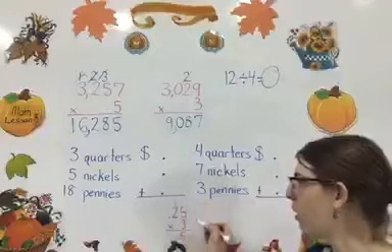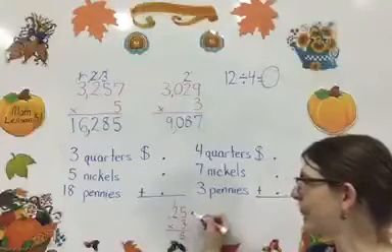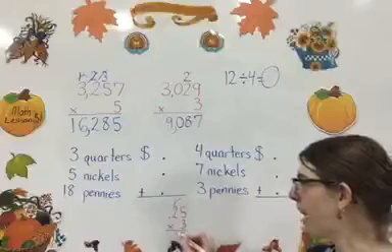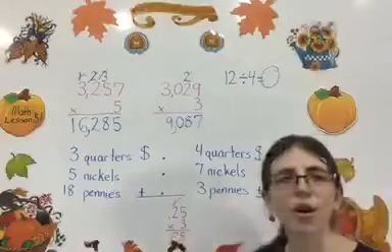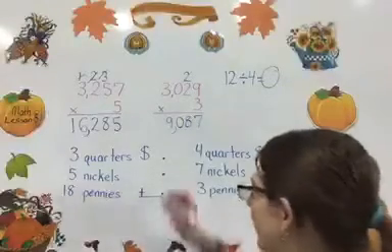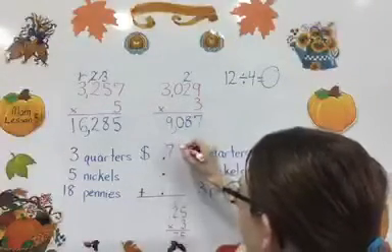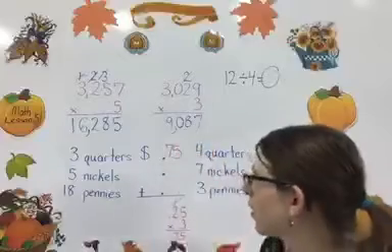I carry my 1. 3 times 2 is 6. Plus 1 is 7. And I bring down my decimal point. So 75 cents. And I'll put that in the spot for my quarters.